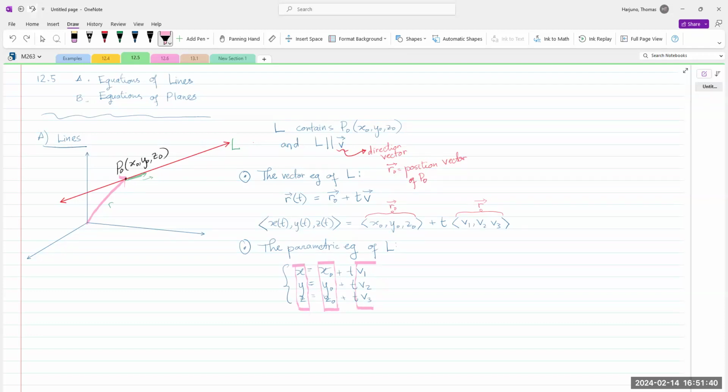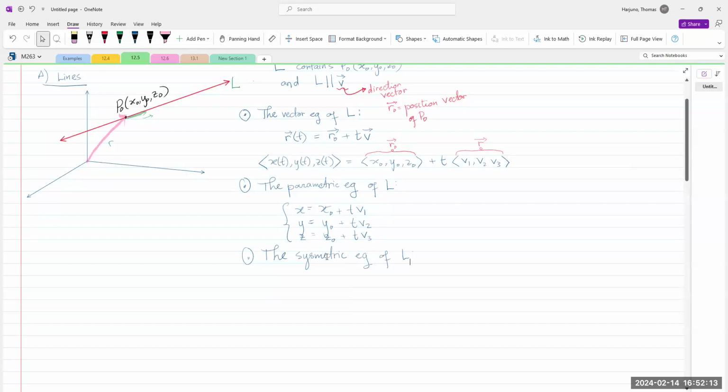Now, the third way of writing the equation of a line is by solving for t. And we will get what they call the symmetric equation of L, which is given by this.